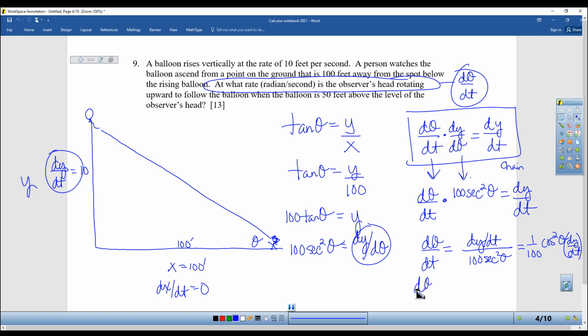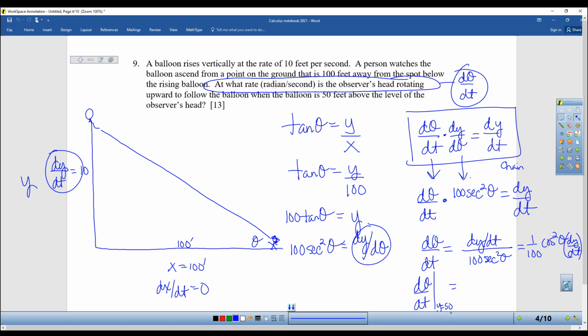So we want specifically d theta dt at, what do we want to know it at? When the balloon is 50 feet. Oh, they didn't give me theta though. What did they give me? They gave me when y is equal to 50. So what I really need right there is when theta is equal to something.